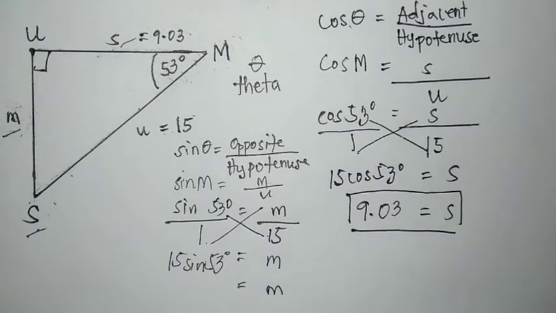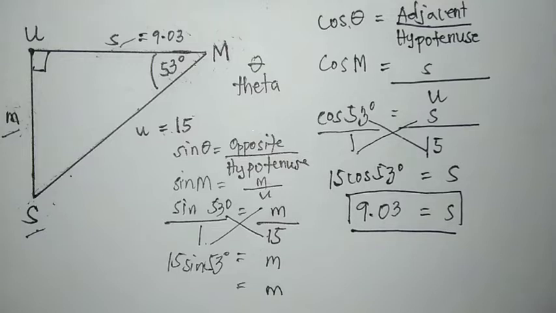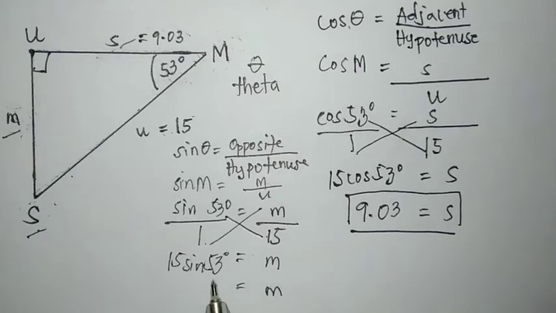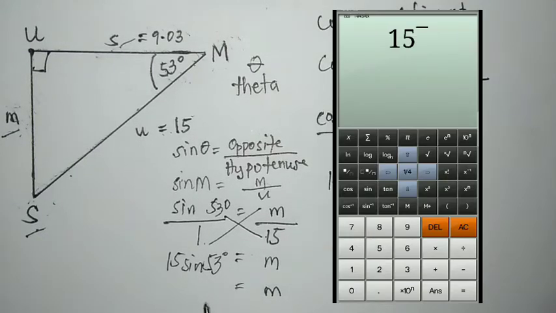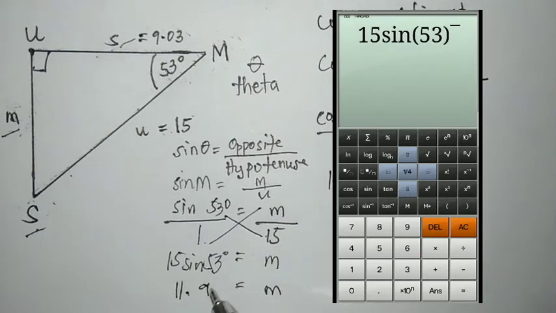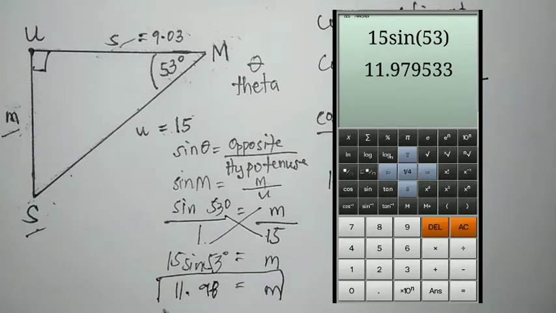Palagi gagamit tayo ng scientific calculator. Ipapakita ko ulit sa screen kung paano siya sinusolve. So, 15 sine 53 is equal to 11.98. So, yan na yung answer natin.